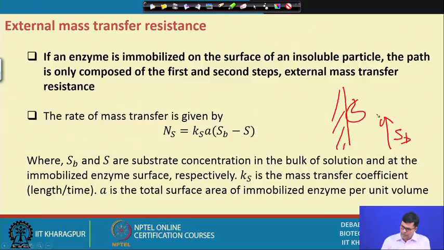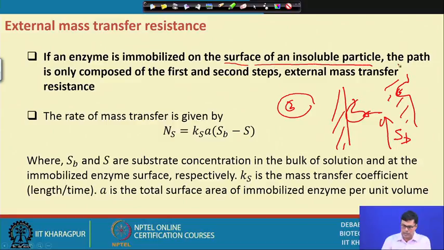At the surface, this is called the external surface, and when the enzymes are inside this solid matrix, we call it the internal surface. Suppose it is inside the pore, then it is on the internal surface. So, if the enzyme is immobilized on the surface of the insoluble particle, the path is only composed of the first and second steps, what you call external mass transfer resistance.